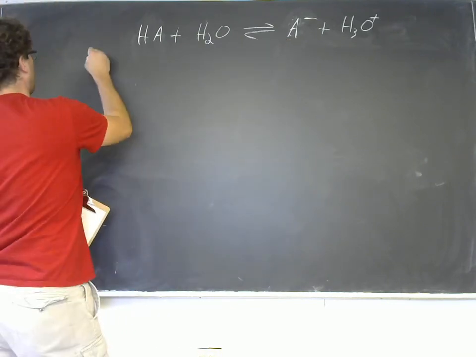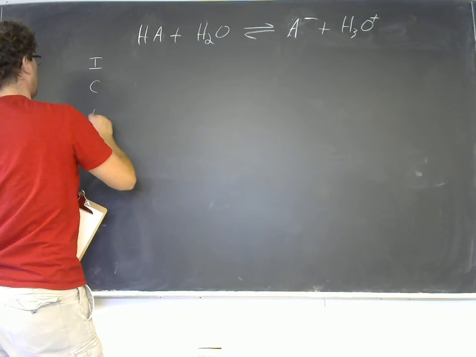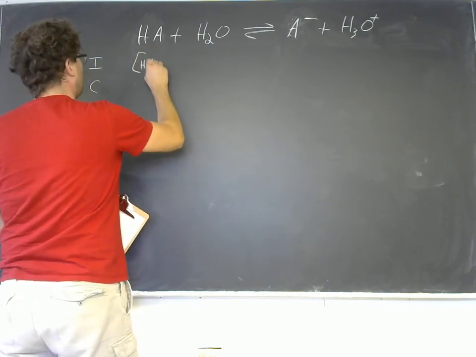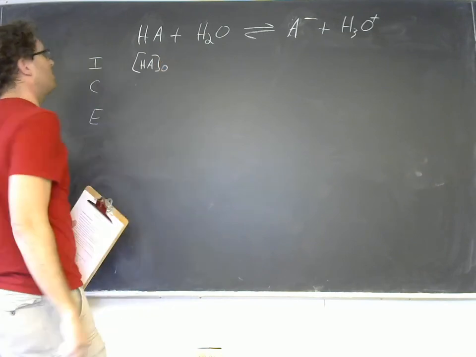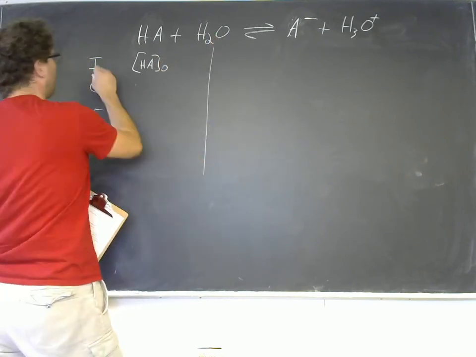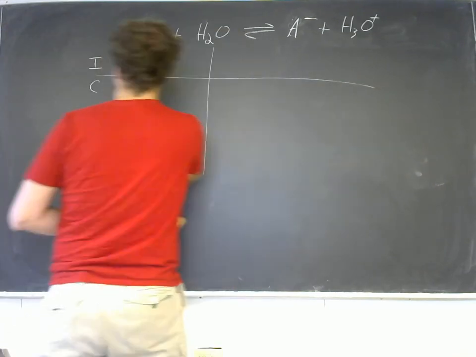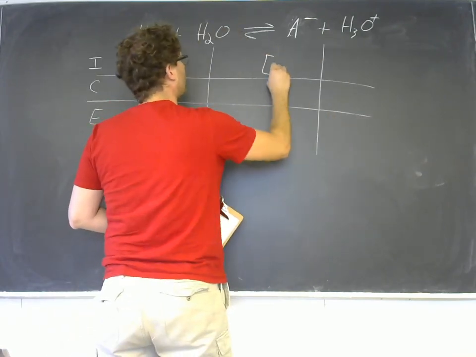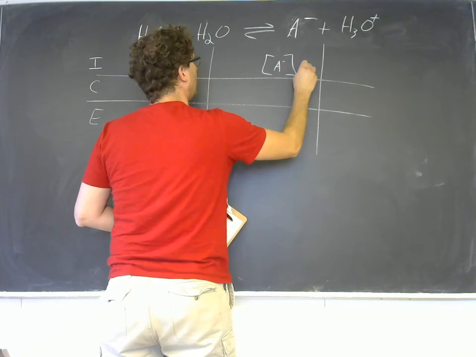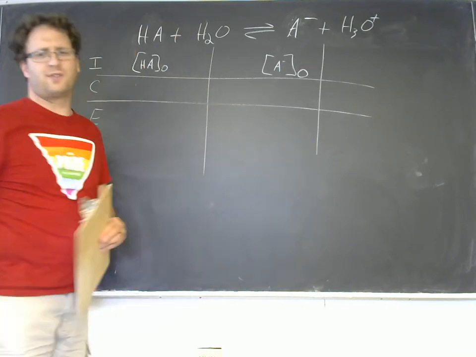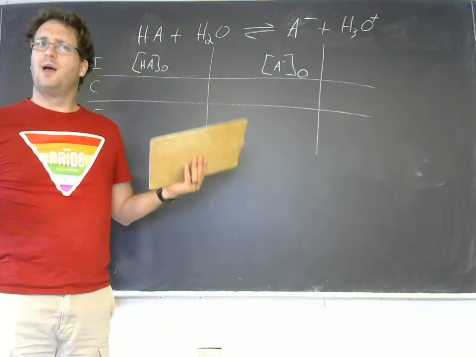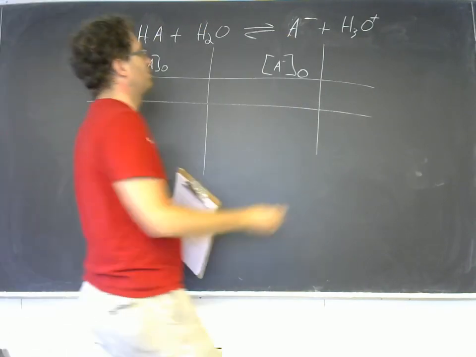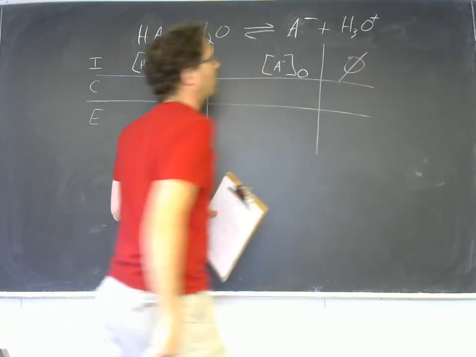And if I take a nice table, I'll have some initial concentration of the conjugate acid, and I'll have some initial concentration of the conjugate base, because remember, buffers contain both of these in solution, and we've got 0 H3O plus.